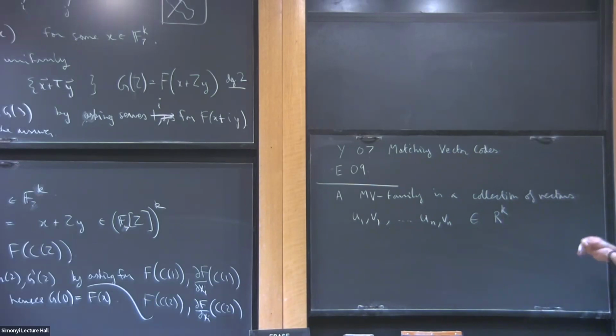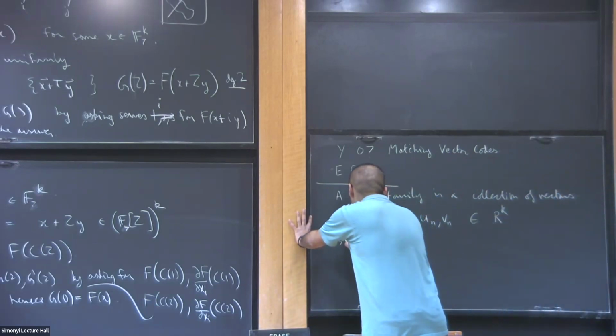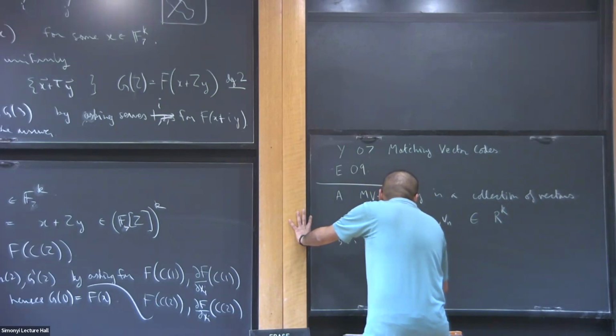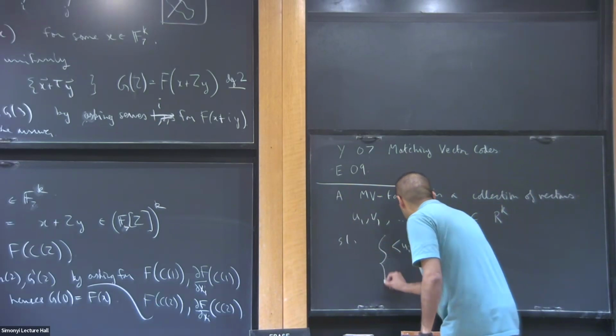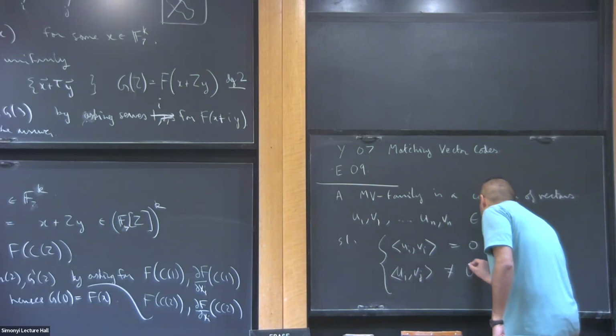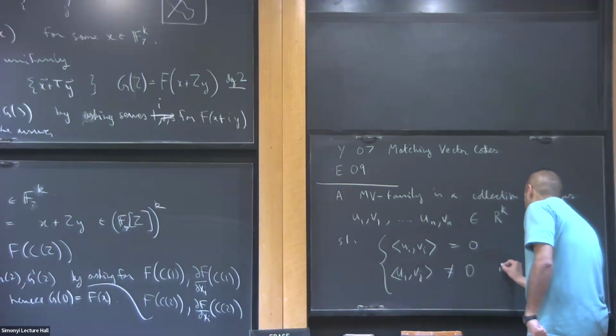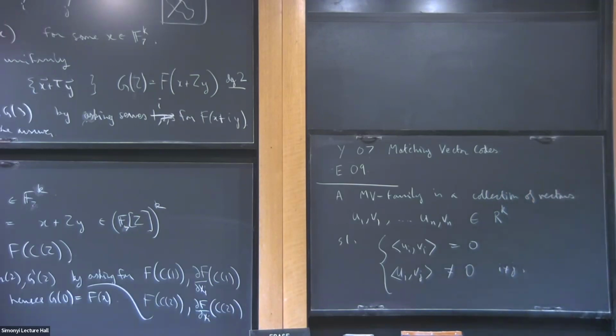This is a matching vector family over the ring R, such that Ui inner product Vi is 0, and Ui inner product Vj is non-zero for all i not equal to j.